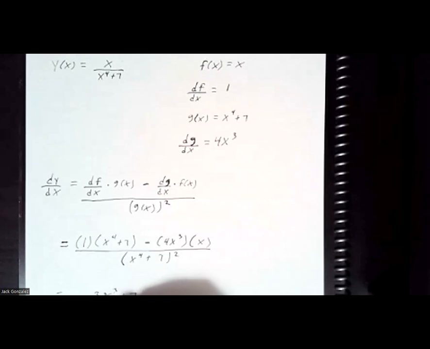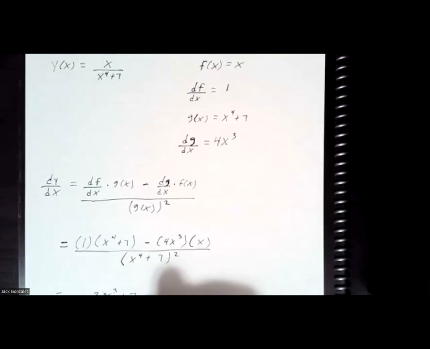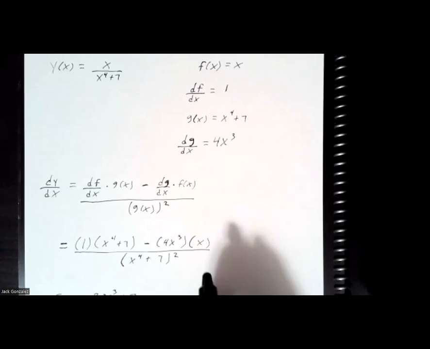It's gonna be a 3x to the fourth power, right? On the bottom? No, on the top. Because 4x cubed and x multiply, and then we already have x to... oh, shoot.